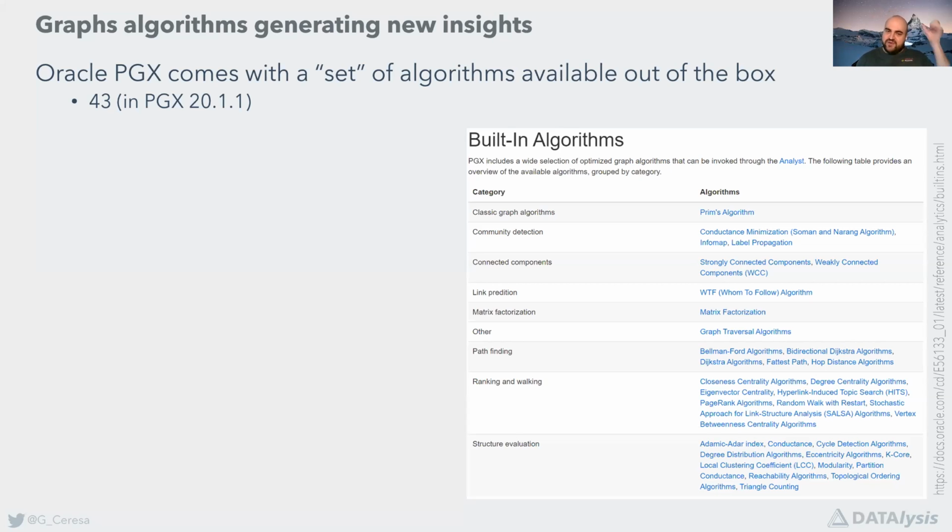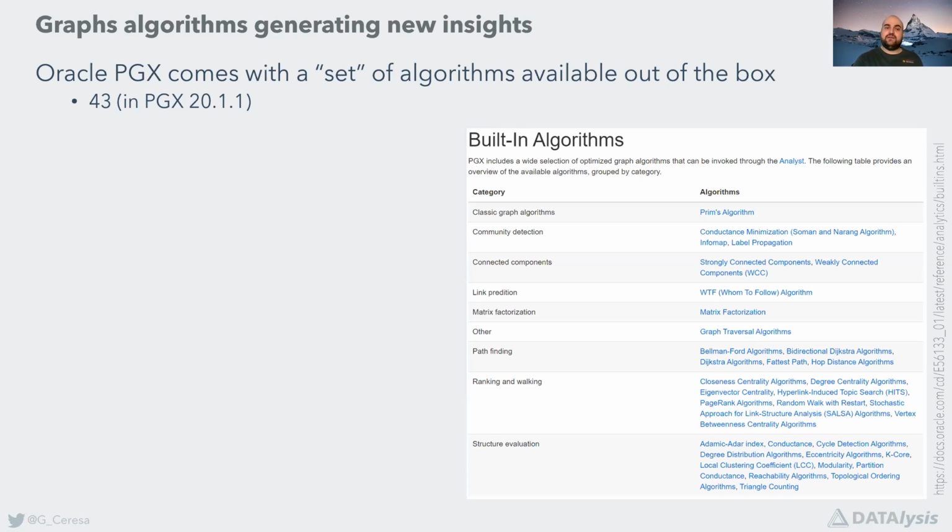I just counted them this morning because they keep changing. And on the screenshot, you can see the list. The documentation categorizes them so you can easily find, for example, ranking and walking algorithms, pathfinding algorithms, connected components or community detection. So you really have algorithms for a lot of things.